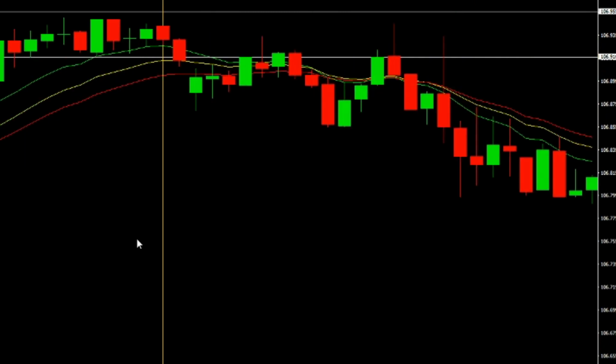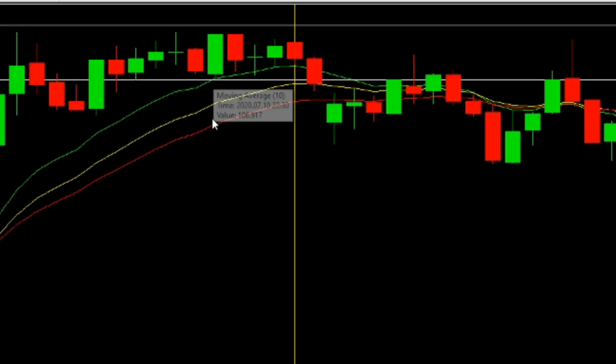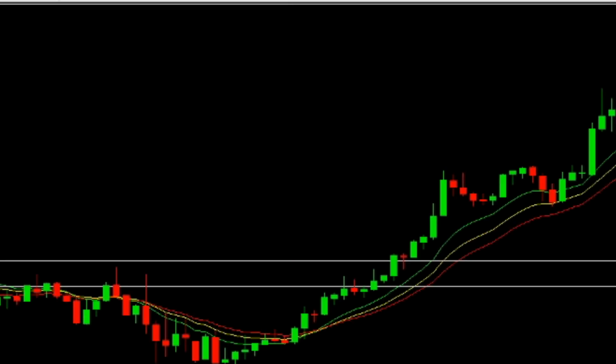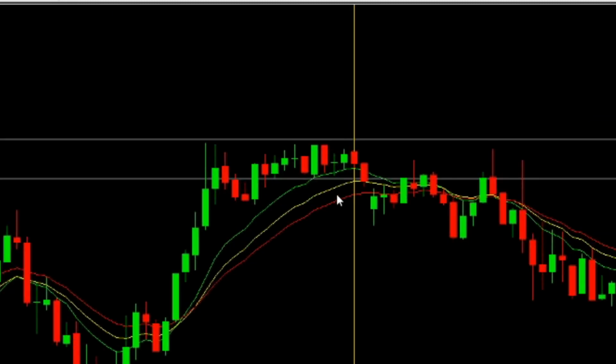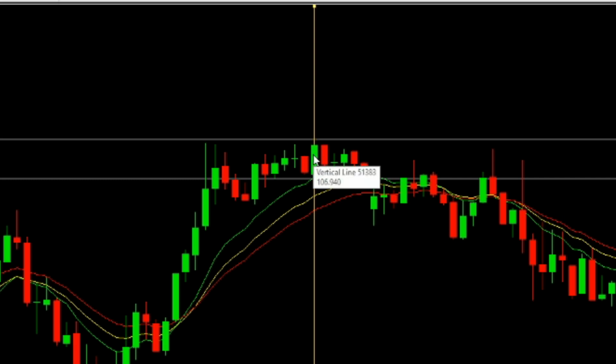Okay. So yeah, this is the first touch. It's very important that we zoom. So the count should come from this candle, 1 2 3 4 5, so not much difference.